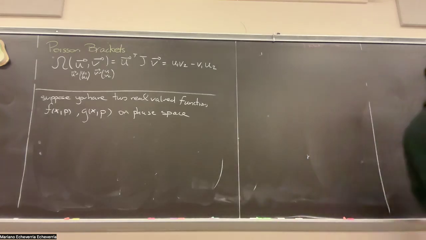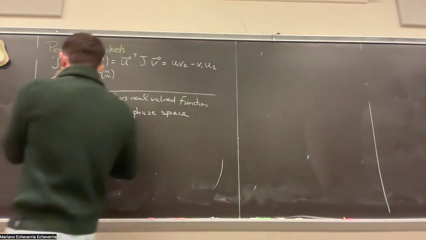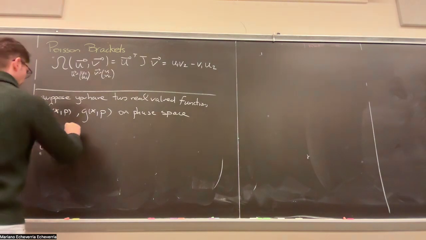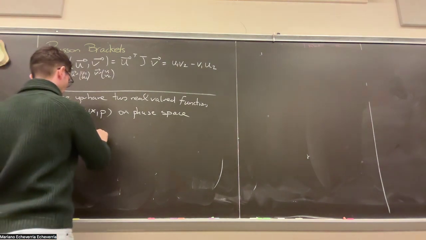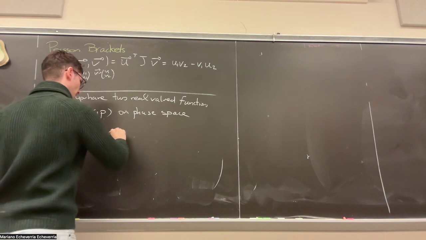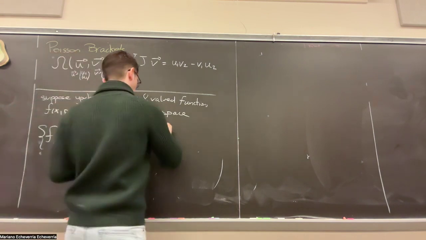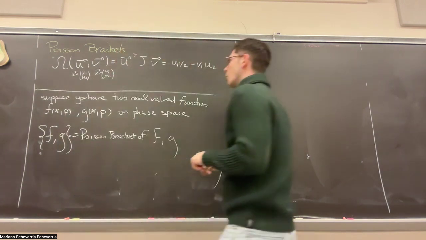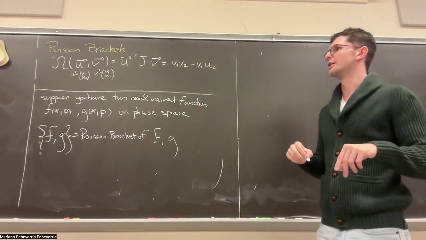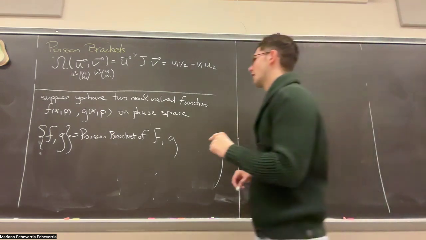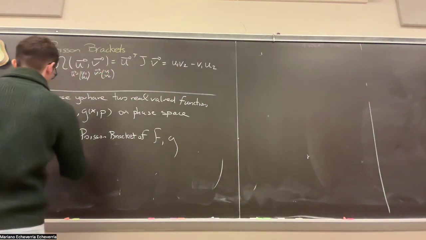The idea is that some bracket is defined. We're going to use the symplectic form to define it. This is called the Poisson bracket of f and g. And how is this defined? I'll show you in a second why this is a natural definition, but I think it's better to start with the formula.